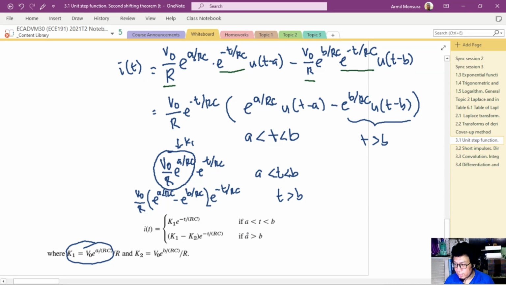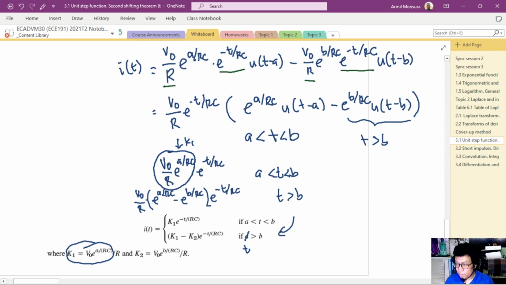Actually this is a typographical error from the book. I just snipped it out of the book, so the book has the same thing, but it should be t greater than b.